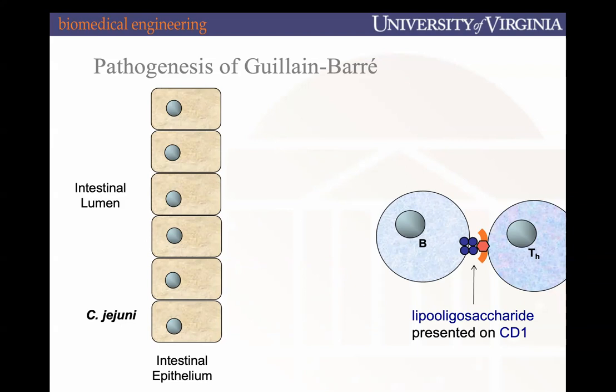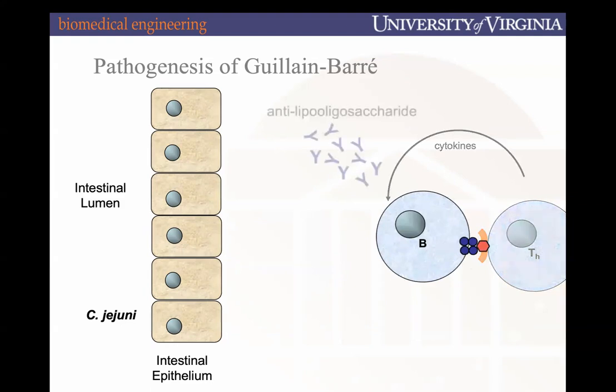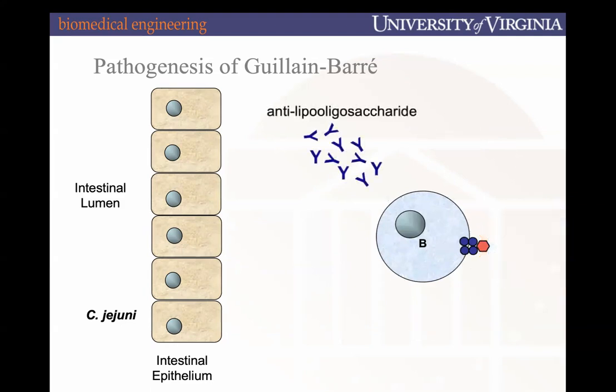Once that happens, they'll activate one another, and the B cell will differentiate into a plasma cell and secrete antibodies anti-lipooligosaccharides. Whenever you see anti-something, that means antibodies against that thing.